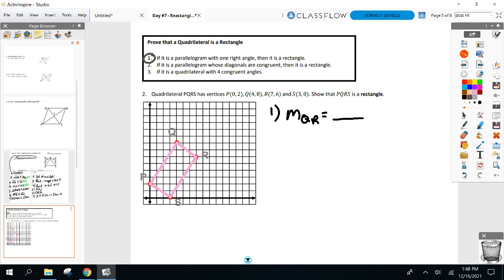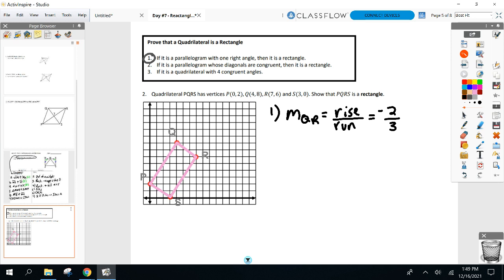Because it's a graph, I'm going to use rise over run to find the slope of QR. Up and over, how many? Up 2 over 3, but it's not 2/3, it's negative 2/3, right? Because you're going downhill. Negative 2/3.